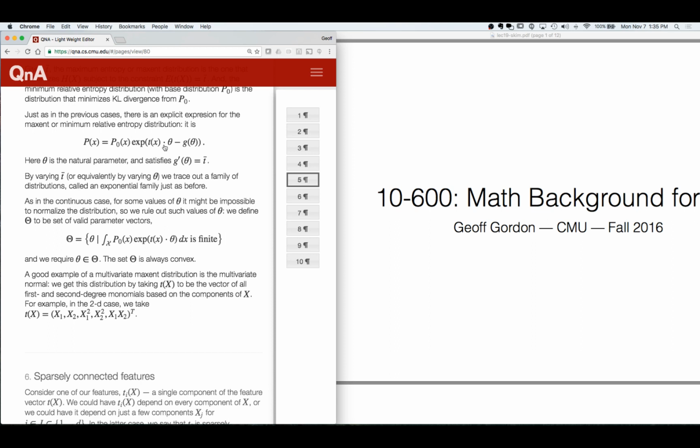In the univariate case, this normalizing constant g of theta, or e to the minus g of theta, is going to be relatively straightforward to compute, because you're basically summing over all of the possible discrete values of your random variable, or integrating a one-dimensional integral over a continuous variable.